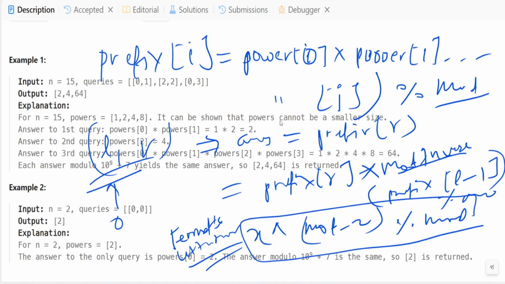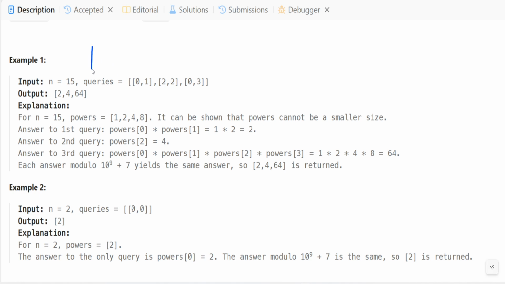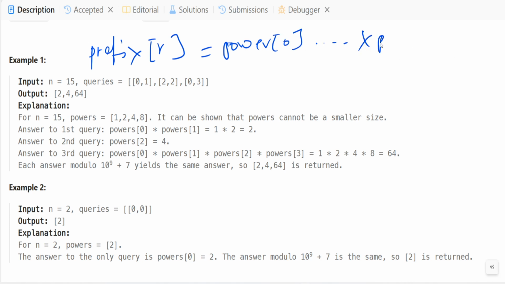Why are we going to use the inverse mod? Let's understand. Very first, if you write the prefix at r, we have seen that we'll use the power at 0 and keep multiplying up to power of r.